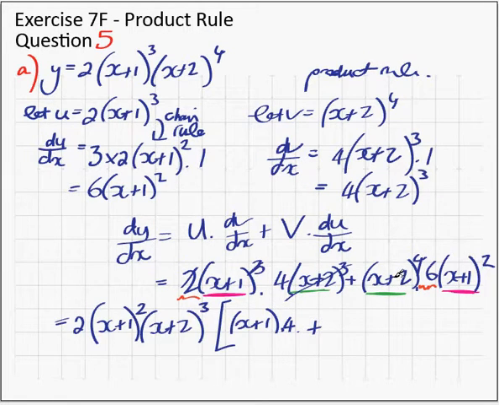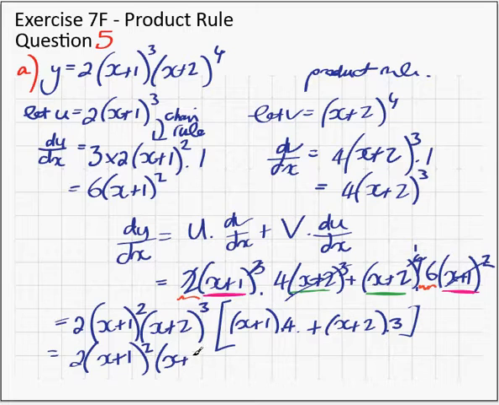The second term, I used all but one of these. I've taken out a factor of 2, so I've got 3 left, and I used all of those. 4x plus 3x is 7x, 4 plus 6 is 10. So there is my final fully factorized derivative.